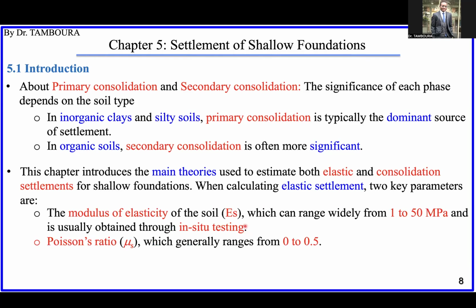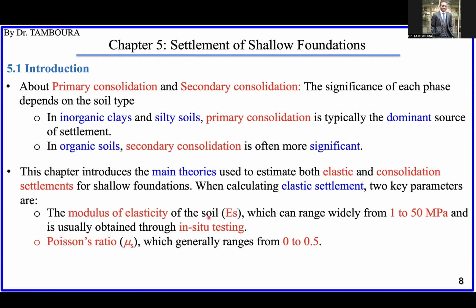And the Poisson ratio, that also can be obtained from investigation, but it normally ranges between 0.0 and 0.5. People usually use 0.3. It depends if you are dealing with sand or clay. Sometimes 0.5 for clay.